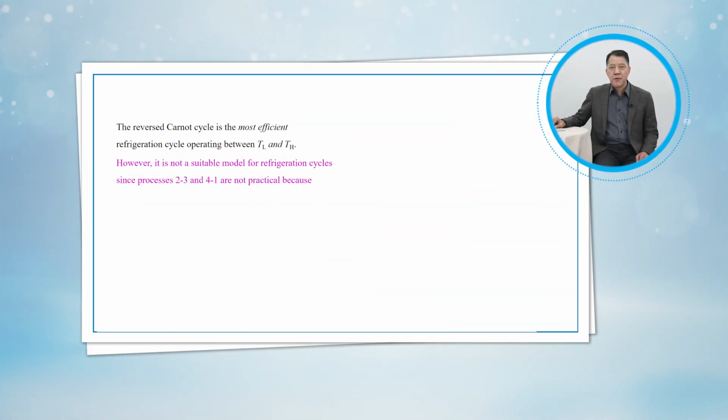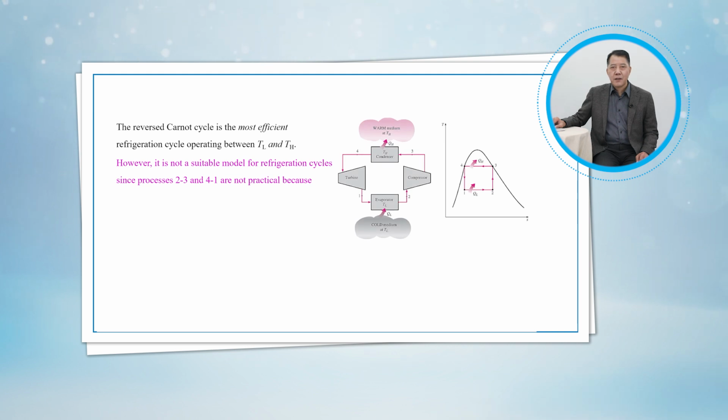The topic of this task is about the vapor compression refrigeration. It is well known that the reversed Carnot cycle is the most efficient refrigeration cycle operating between TL and TH. However, it's not a suitable model for refrigeration cycles since processes 2 to 3 and 4 to 1 are not practical.